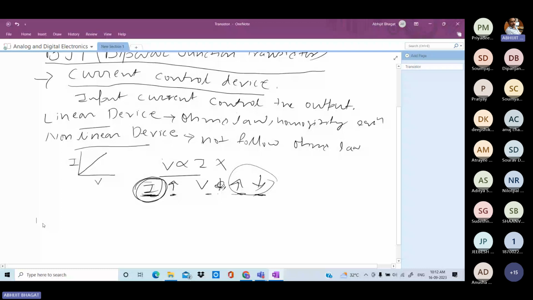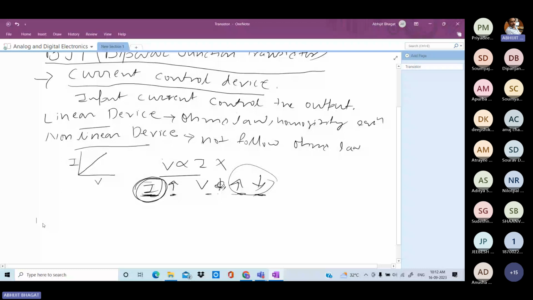Now, what is a unipolar device? A unipolar device is a device where current flows only due to one type of charge carrier. So in case of a unipolar device, the current flows only due to one type of charge carrier. That is, the current flows either due to holes or due to electrons, not by both.